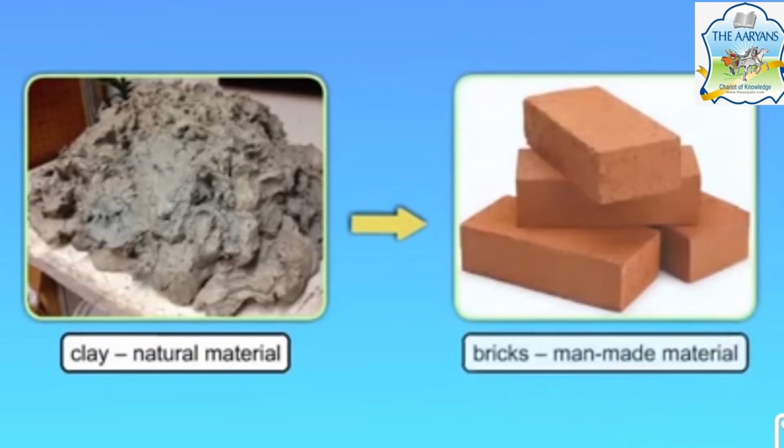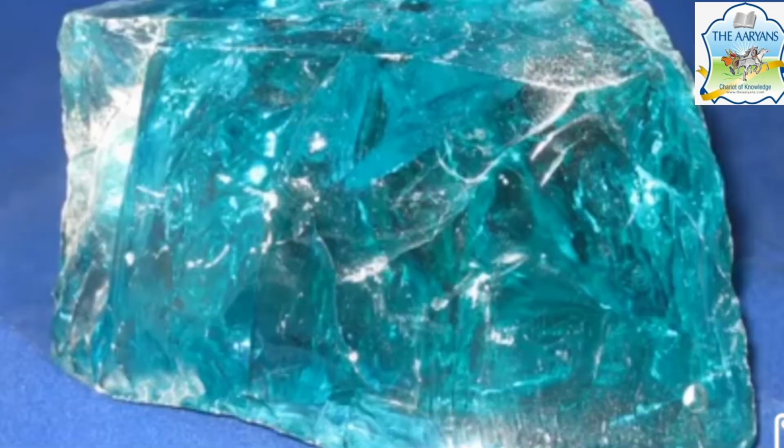We are surrounded by different types of materials and they differ from each other in texture, luster, color and hardness. See, this is clay, a natural material, but that brick made of clay is a man-made material.